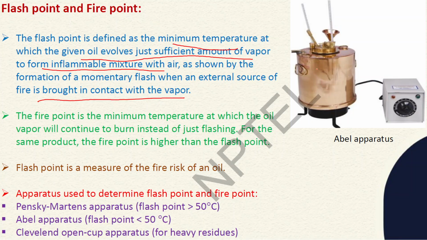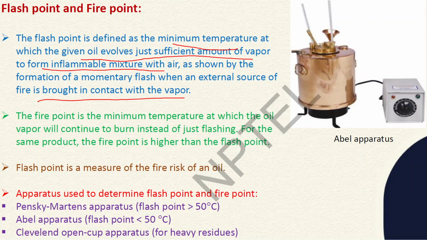What happens is we take our crude oil sample into this Abel apparatus and heat it slowly, which generates vapor of that crude oil inside this apparatus. Then an external fire source, suppose a matchstick, is inserted from this second channel.